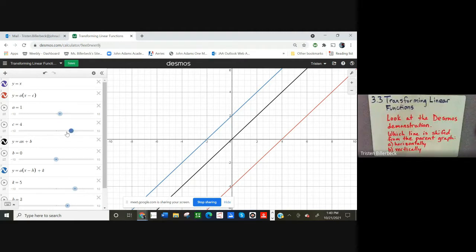Okay, so then if I want to match this red line up to this line, let's see what value of c I would need. So it looks like -2 would match it up right here. So c equals -2.